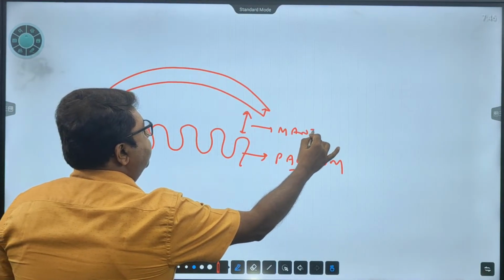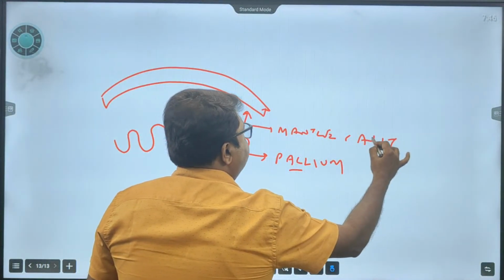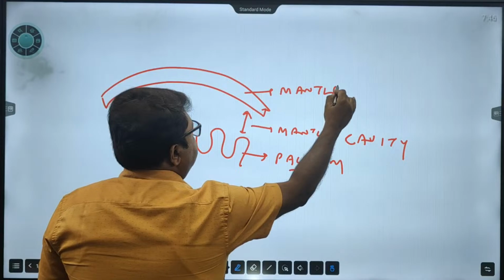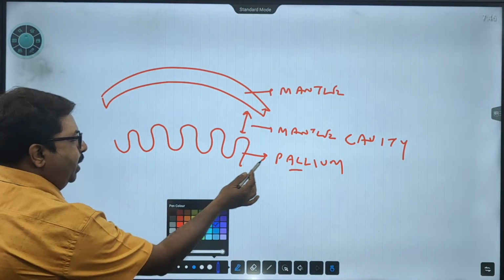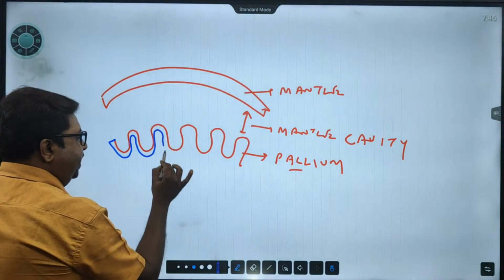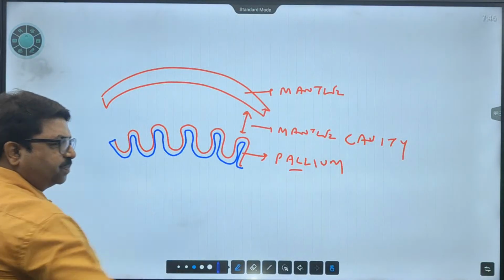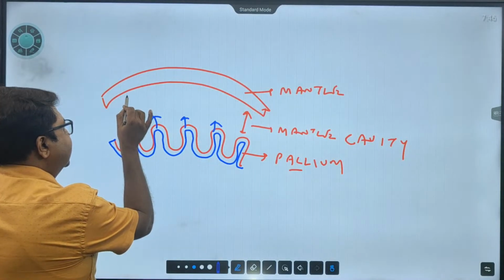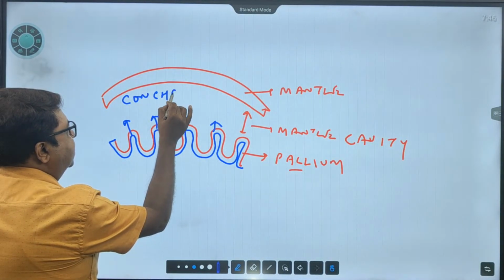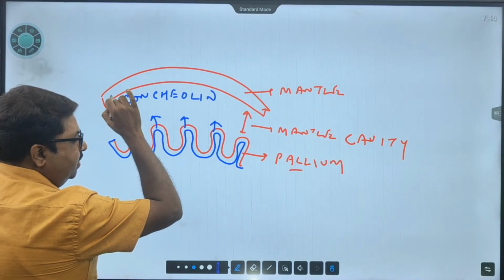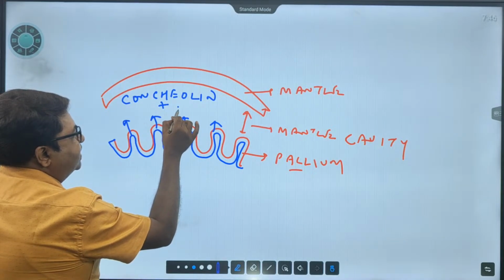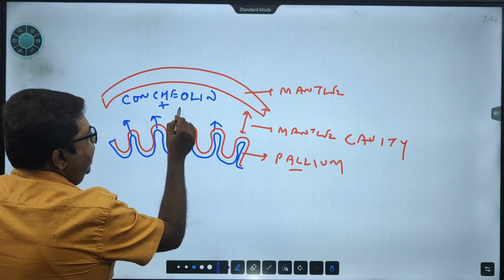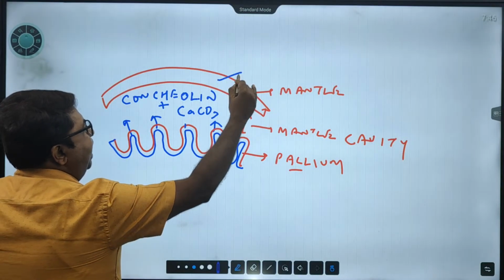This is the mantle. Now this pallium secretes a chemical called conchiolin. This conchiolin is a protein, and along with calcium carbonate it makes the mantle.